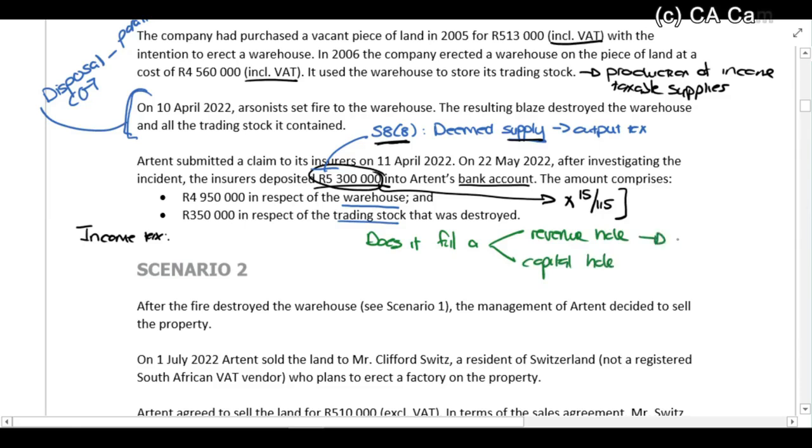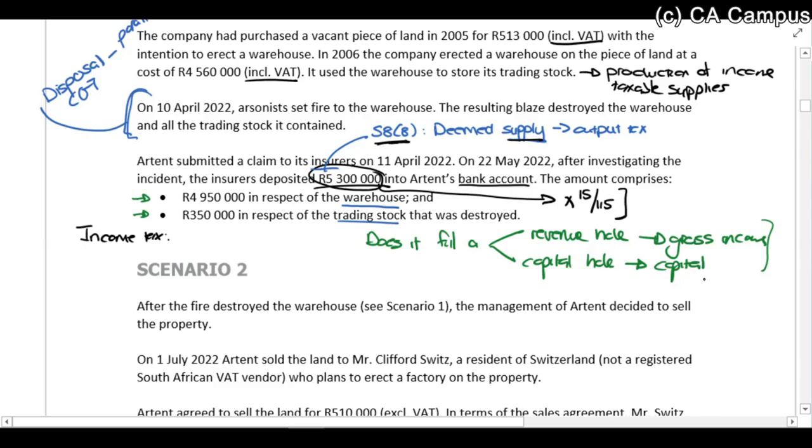If it fills a revenue hole, it's gross income. And if it fills a capital hole, it's capital in nature. So a way of thinking about it, what I would say, is you ask yourself, if this was the amount that they received for selling that asset, would it be gross income or would it be capital in nature? And that will determine this.